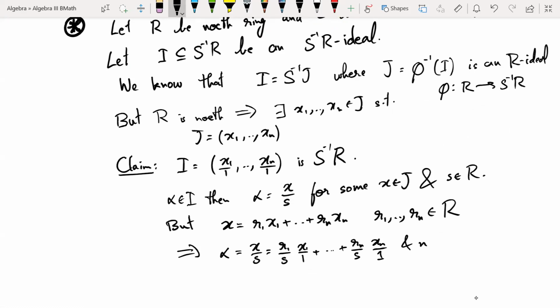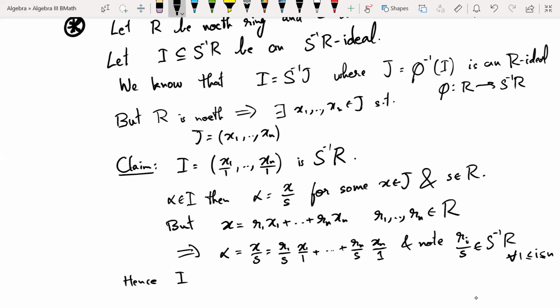And note ri over s belongs to S inverse R for all i between 1 and n. So this shows that I is finitely generated.